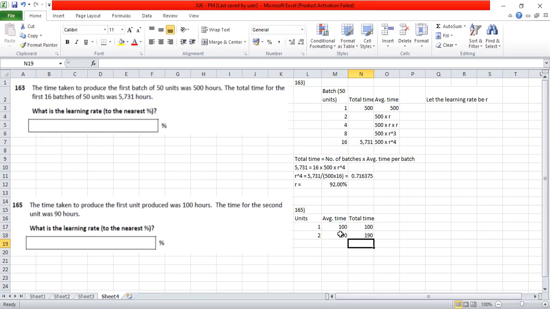See, we have the first unit required. This is every incremental unit, every additional unit which is mentioned. The average time for the first unit produced was 100 hours. The time for the second unit produced was 90 hours. So how much is the total time? When we accumulate it up, for the first one it is 100.